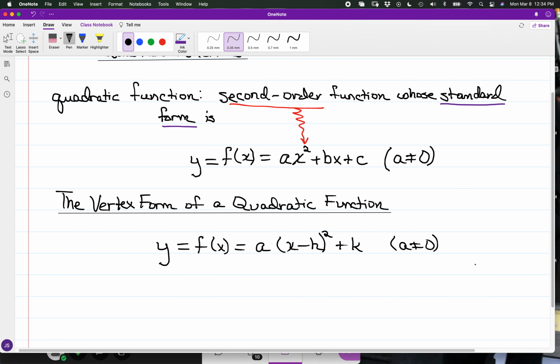Now for features of the quadratic function, regarding a, if a is a positive number, then the graph of f of x is going to open up from what's regarded as the vertex.